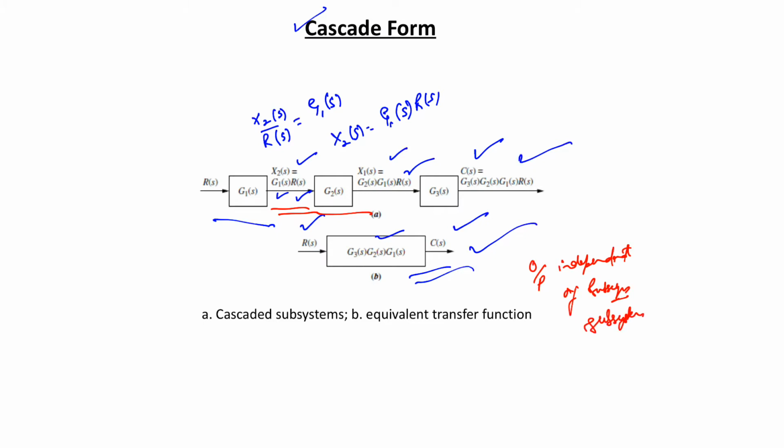Okay, it's a very important point. So if there is a change in the output, the subsequent subsystem loads the previous subsystem, and the equivalent transfer function is not the product of the individual transfer functions.